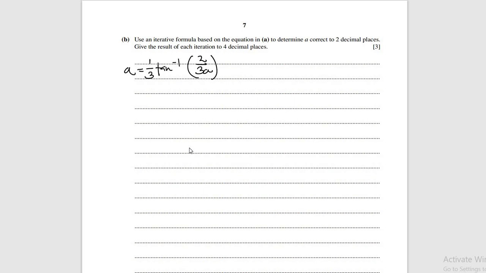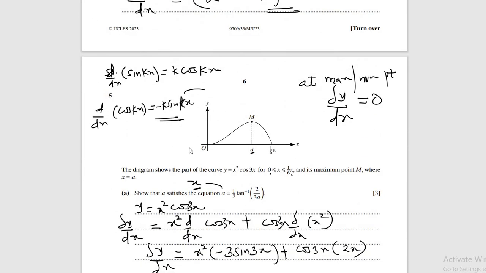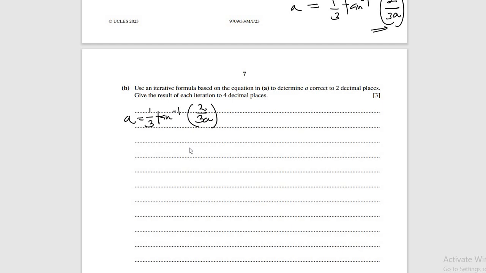Remember, we are given the domain in the question. The domain for x is between 0 and 1 over 6 pi, and x is the same thing as a. So 0 is less than or equal to a, less than 1/6 pi. This is the domain for a.